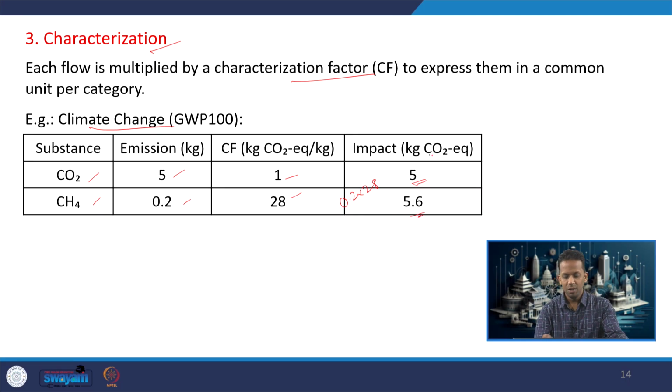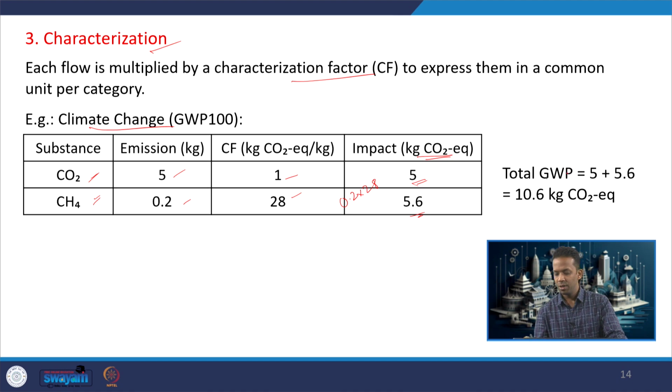So, you see now, since the two different entries in the inventory table and their impacts are estimated in the same unit, we can actually add them. So, 5 plus 5.6 will give us the total global warming potential, which is 10.6 kg CO2 equivalent.